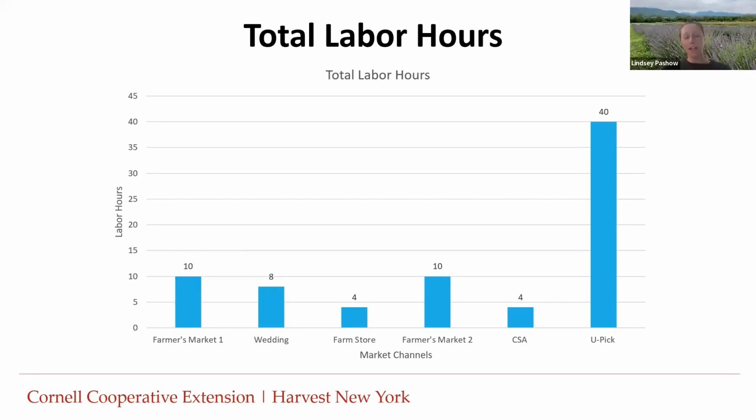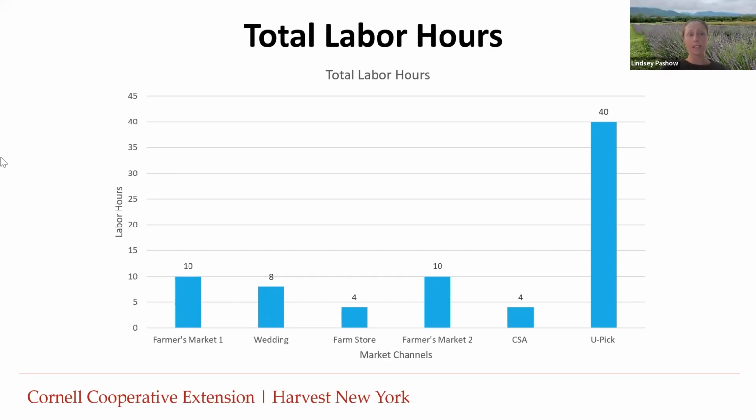The weddings took 8 hours, which US flower farmers know how much time it's going to take putting together for weddings. And that's time that you probably figure out before even saying how much you're going to be charging for a wedding. So you've got your labor hours, and you can see that U-Pick's the most, then the farmers markets, that's the second most amount of time that you're putting in.